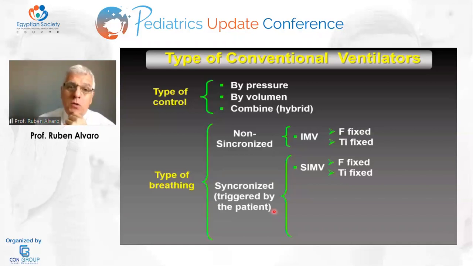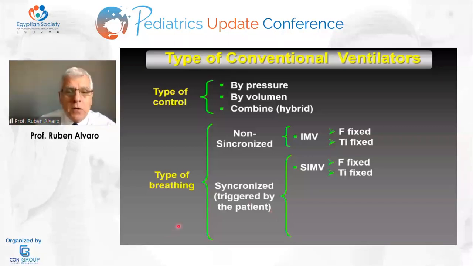As you know, during spontaneous breathing, the air is sucked into the lungs. During positive pressure ventilation, the air is pushed into the lung, which is not physiologic. So if you can somehow create a negative pressure by the spontaneous breathing of the baby, you can cause less trauma when the air goes into the lungs.